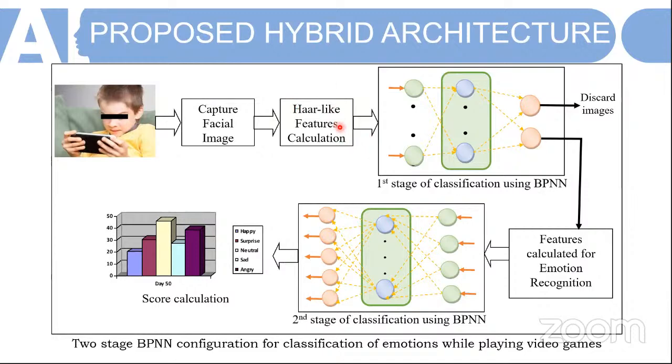So from any data set, whether it's an image or not an image, any type of data, we need certain types of features. The features are basically those by which that particular data can be separated from other data.